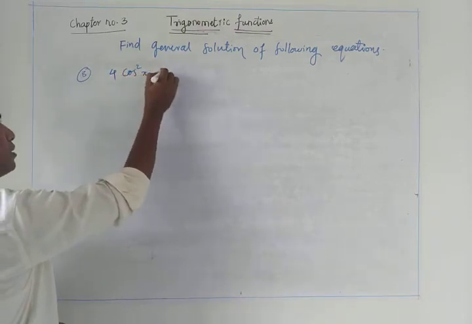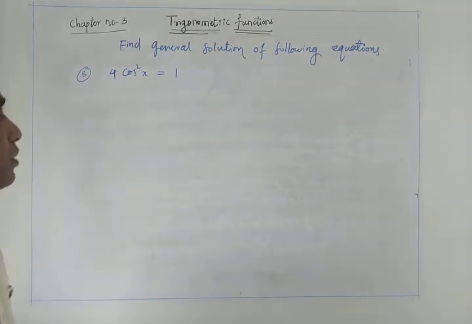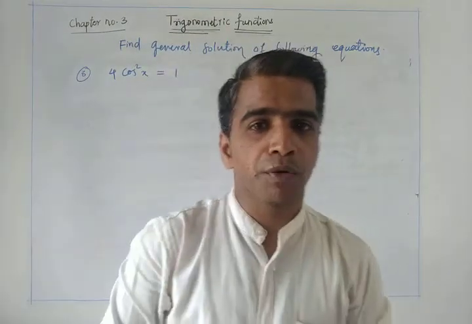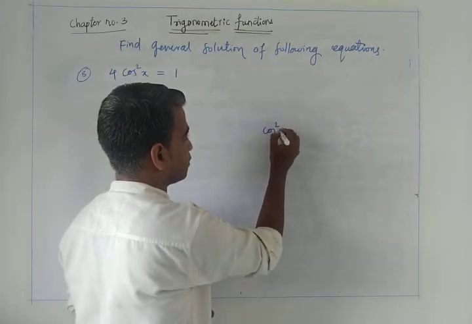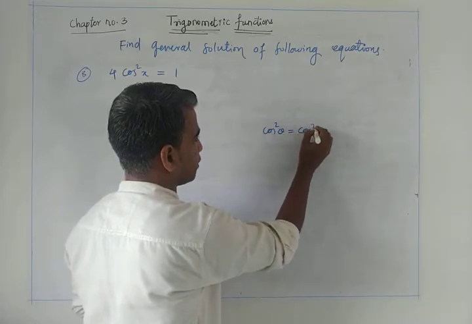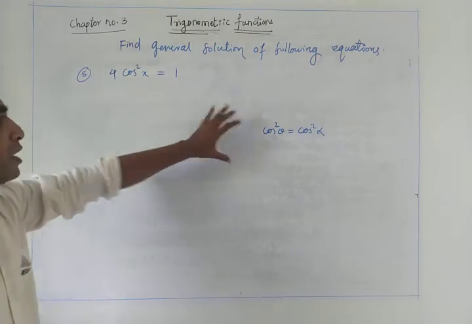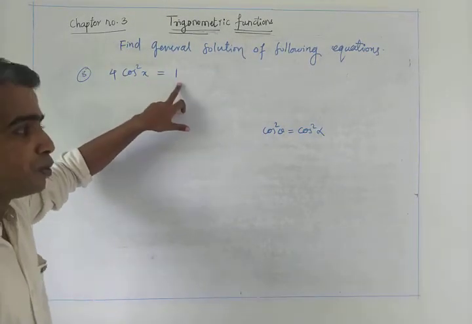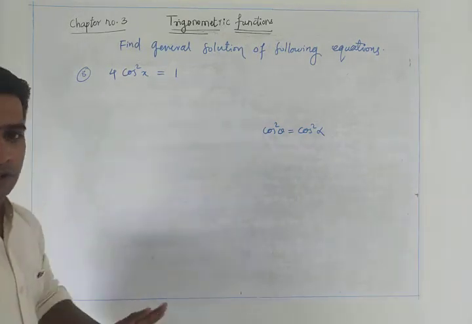First thing is that the cos square x function is there. It means we are going to use the formula cos square theta is equal to cos square alpha. Okay, and for that formula, things must be in that form. So 4 times cos square x is equal to 1 is not in that format, so first we will do that format conversion.